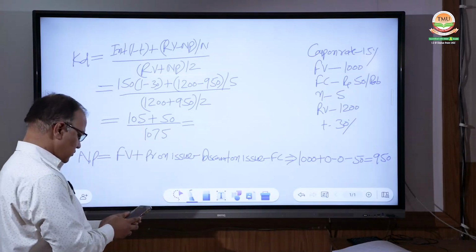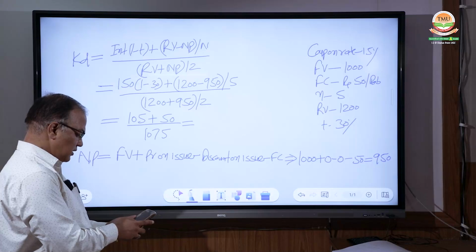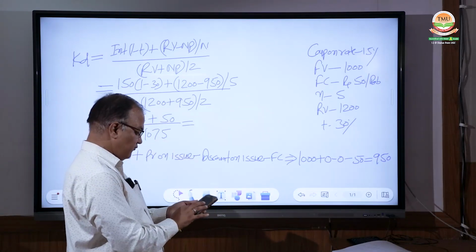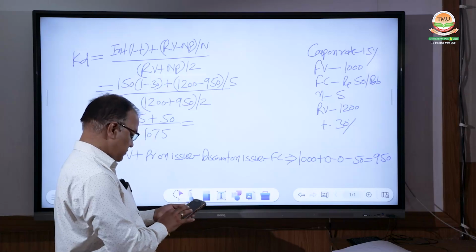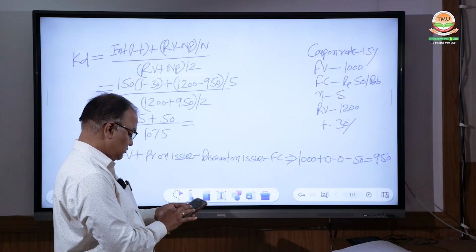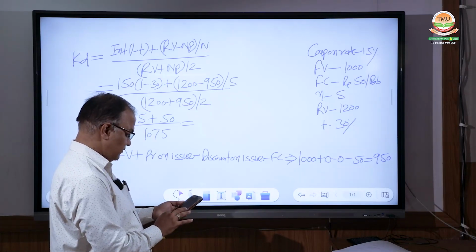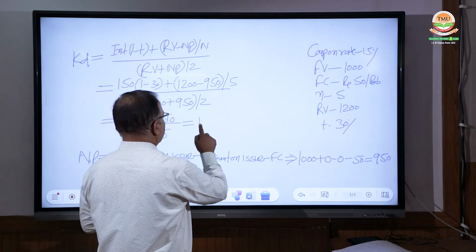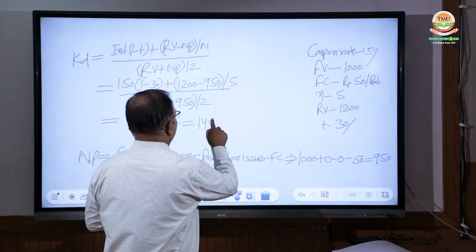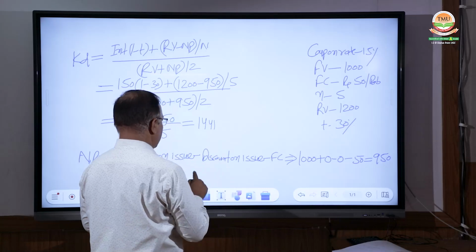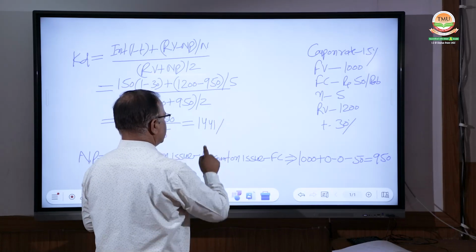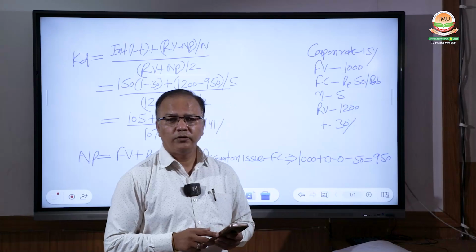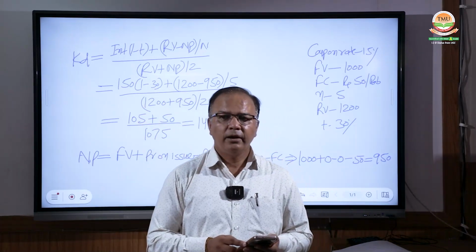1075. Now, let's take the help of calculator. 155 divided by 1075. It is 14.41%. This is the cost of redeemable debt.